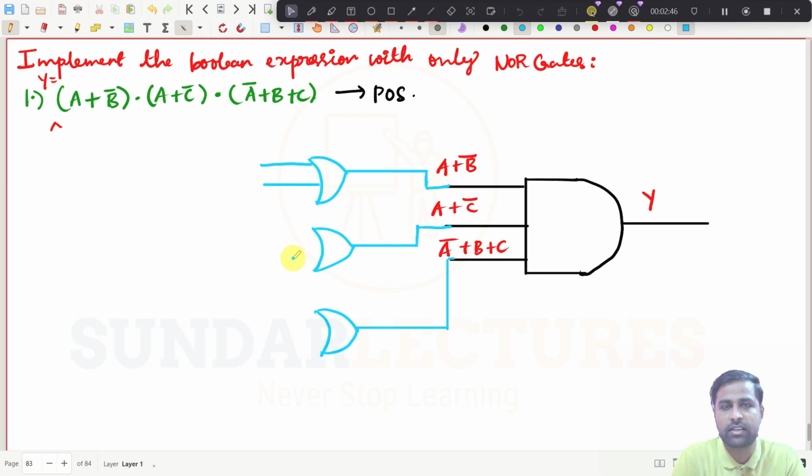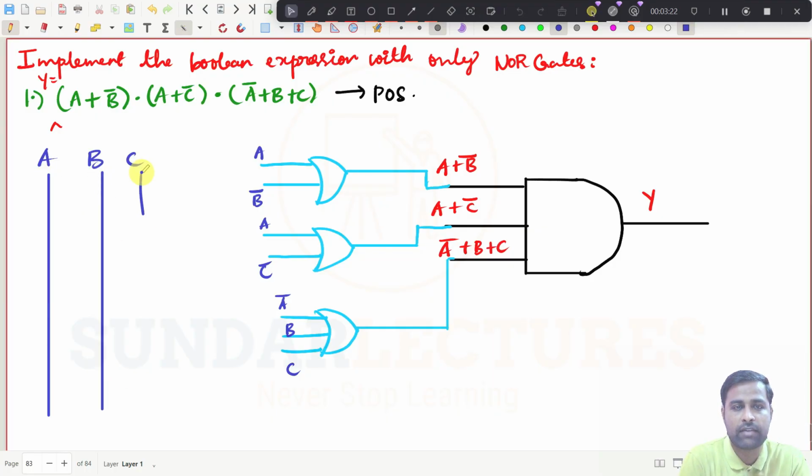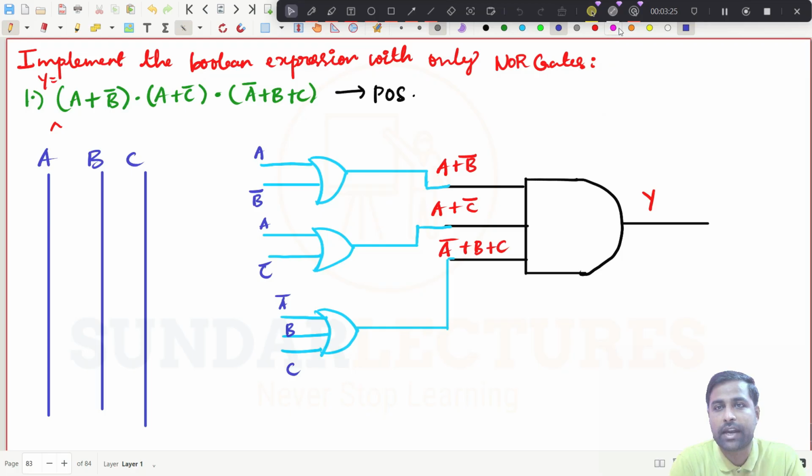There are 2 inputs for each of the first two and 2 inputs for the third. The inputs are A, B bar; A, C bar; A bar, B, C. You already have A, B, and C with you.